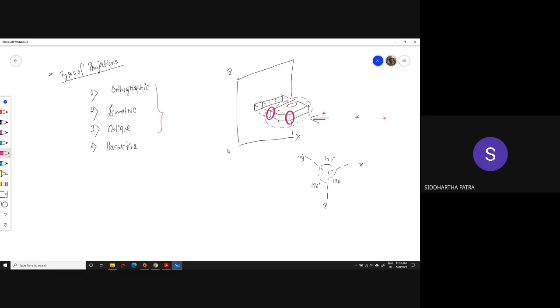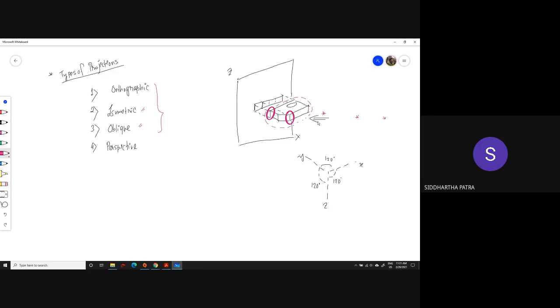The difference between orthographic projection and the other two projections, isometric and oblique view, is that in isometric and oblique view we want to show all three dimensions. However, in orthographic projection, we show two dimensions at a time.